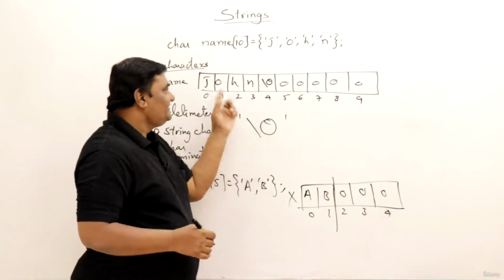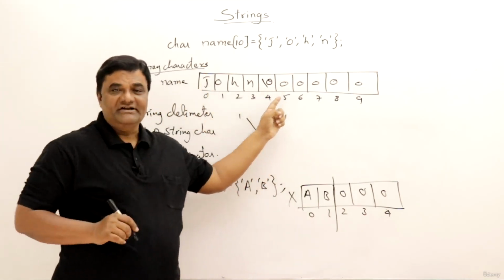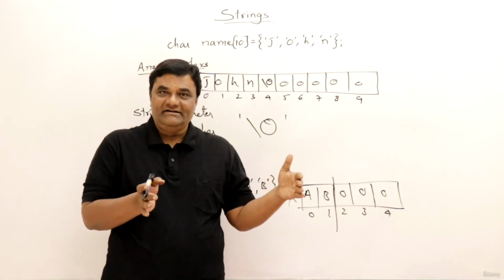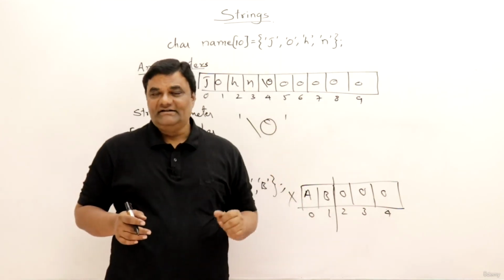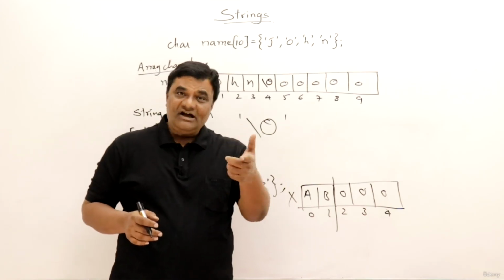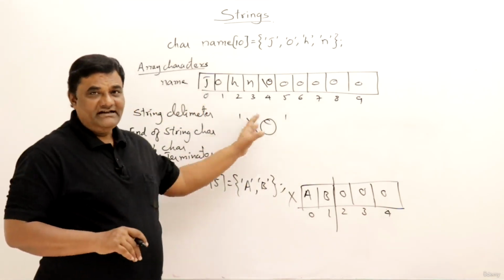So that's it. This is used to show the end of a string, the end of string marker. So in C++, strings are delimited with the null character, that is /0. But whereas in other languages like Java, strings will not have /0.